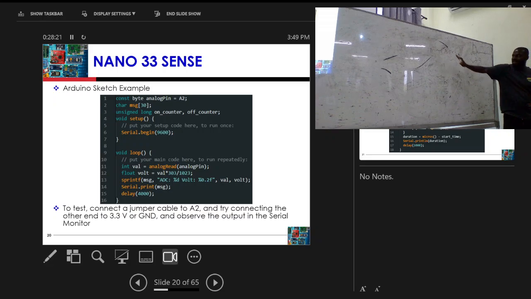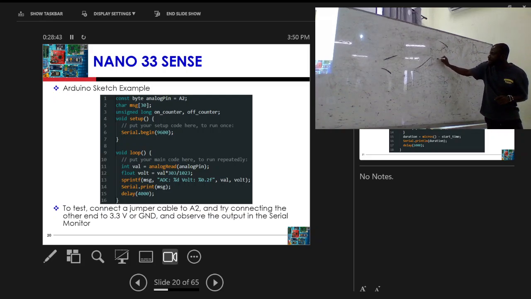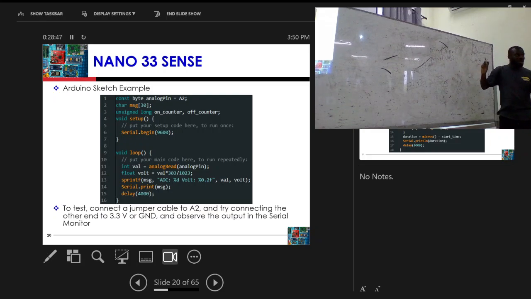Pay attention: Serial.print ADC colon, because those are characters. Now the value, var, is an integer, right? So once I print this in one line, I'll come and print again, Serial.print(var). Pay attention, because that var is a different type, right?